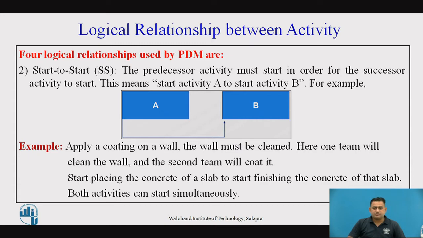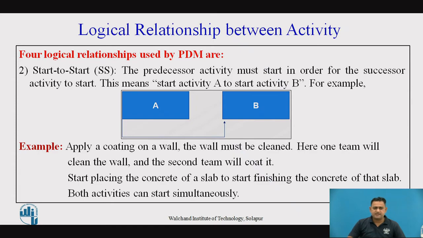Next is start to start. The preceding activity must start in order for the successor activity to start. Application of the coating work on the wall: here one team will work on the cleaning and another team will work on the coating.